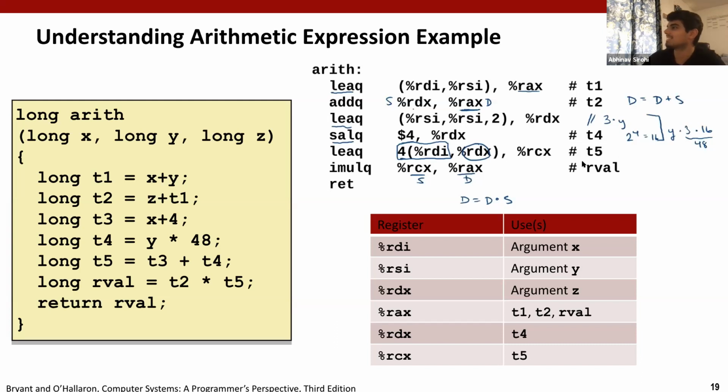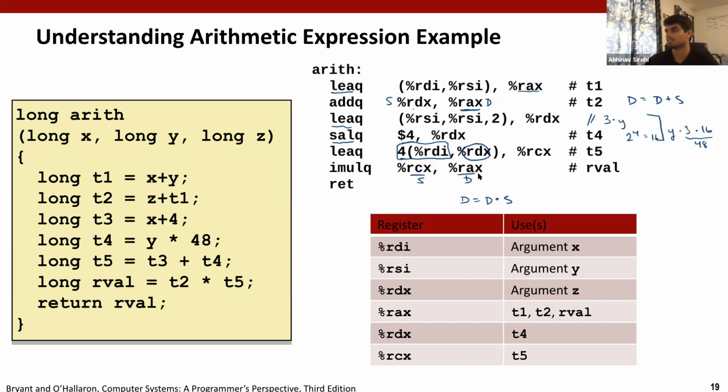Okay, yeah, so I'll come back to this later, but this is going to store the value of T5 in RCX, and then we just use the multiplication operator to multiply T2 times T5. So T5 is contained in RCX and RAX contains T2. And then we multiply T5 times T2 and store the value in RAX.